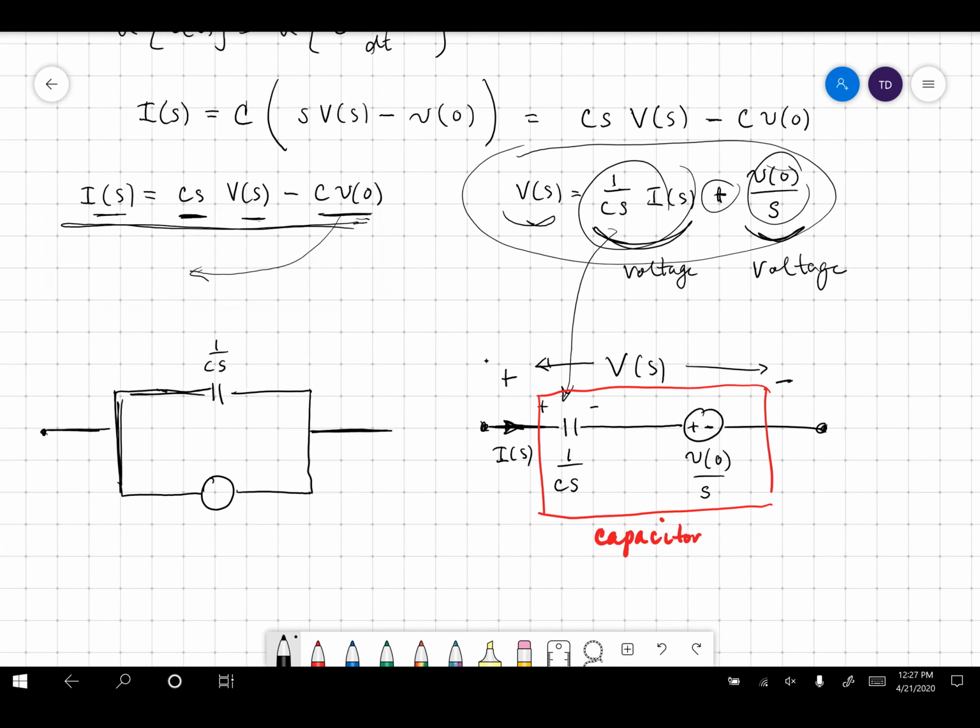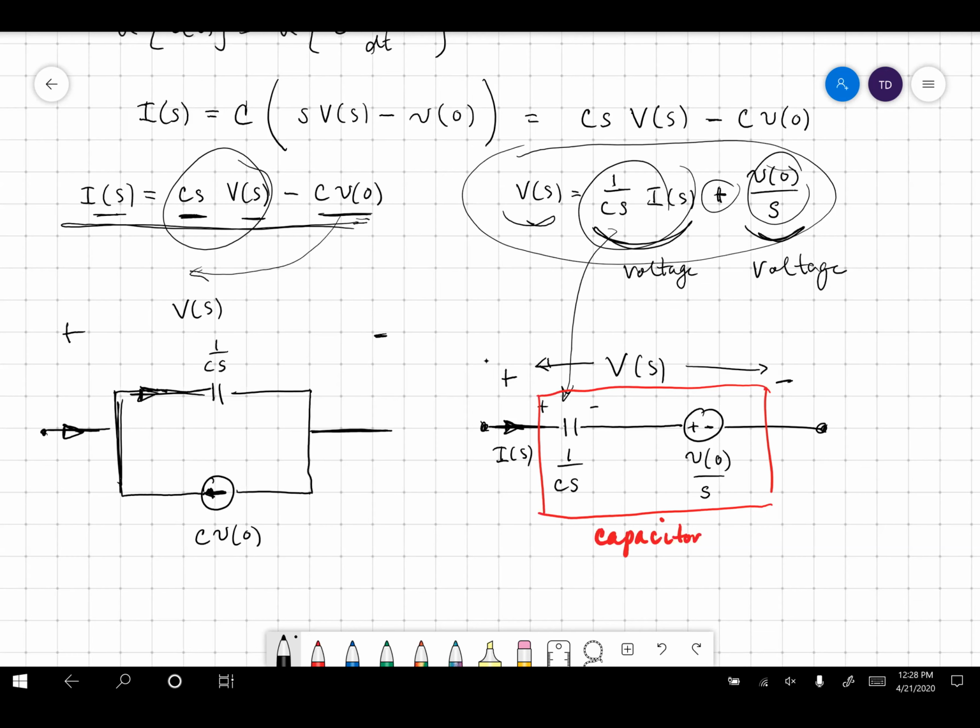The voltage across from here to here is V of S. So the current is the voltage divided by the impedance, V of S divided by 1 over CS, that's C S V of S, and then minus, so that current is going that direction. Minus means this current is going in this direction. Interesting. And that current value is C times V of 0.